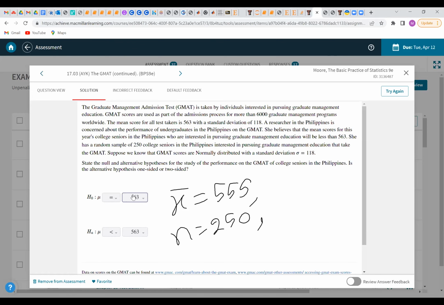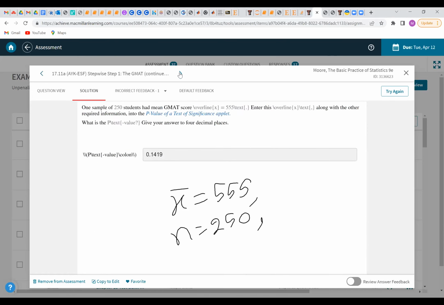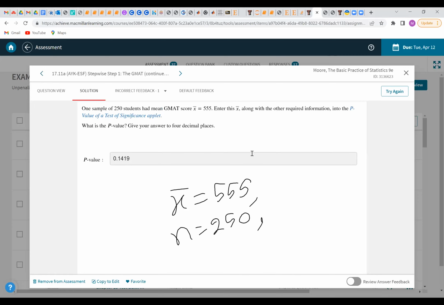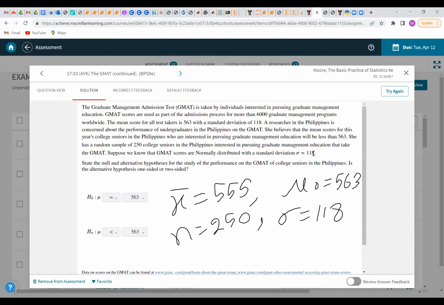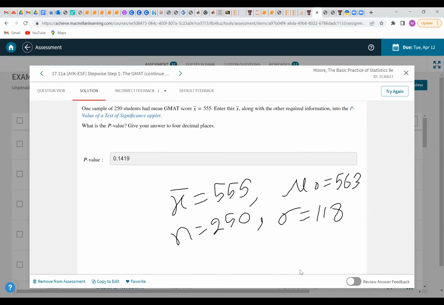Yes, it was 563 and sigma was 118. So from the previous question, we have mu zero, the hypothesized value, is 563 and sigma is 118. Yeah, this is 118 and this is 563.